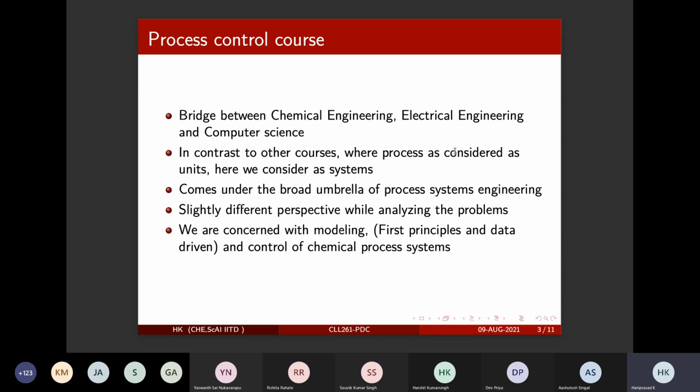So things are varying with respect to time, and you will be able to intervene with such a system in a timely fashion. That's why the first aspect of the course would mostly talk about the dynamics. How do you model the dynamic aspect of such a system? That's why process dynamics comes in.